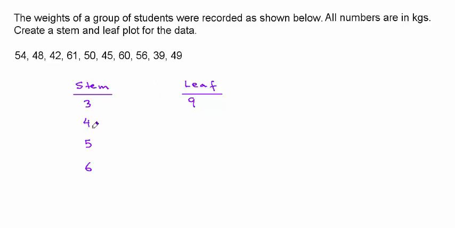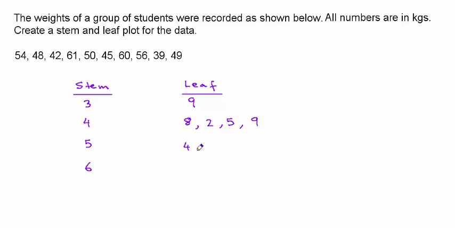Similarly, for the 40s, as I see, we have a 48, 42, 45, and 49. So we have a 48, 42, 45, and also 49. And then for the 50s, we have a 54, 50, 56.